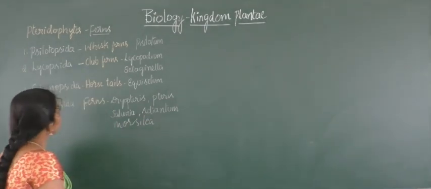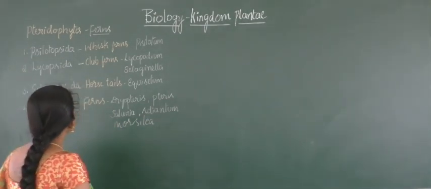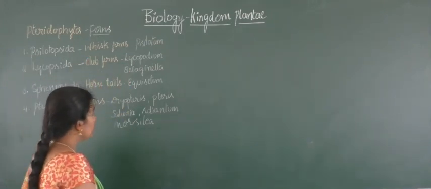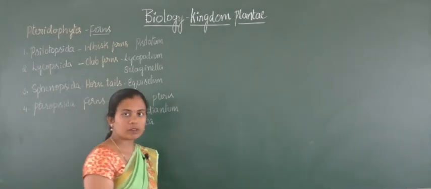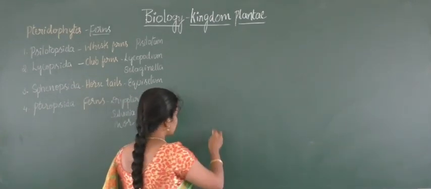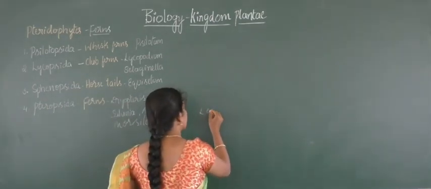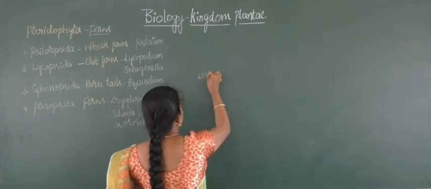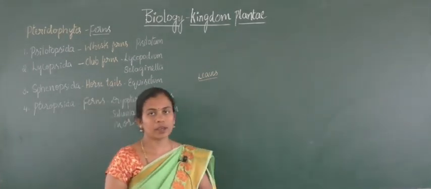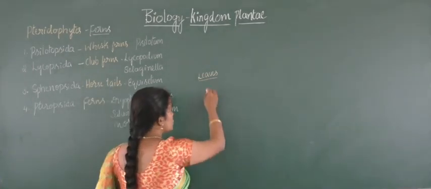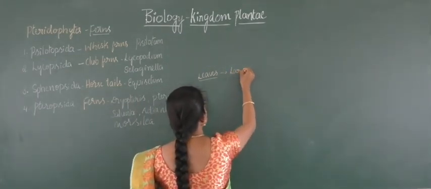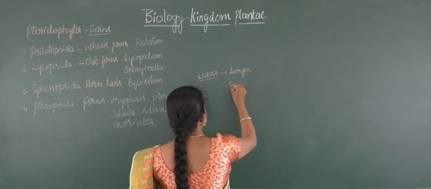When we observe these different organisms with their classes, common names and examples, we find that in pteridophytes true leaves are present, which may be of two types: larger leaves and smaller leaves.